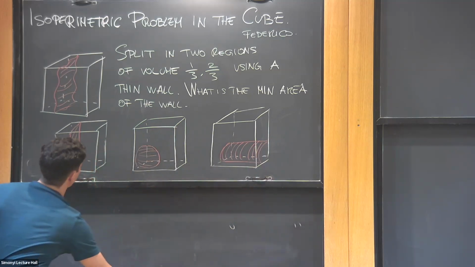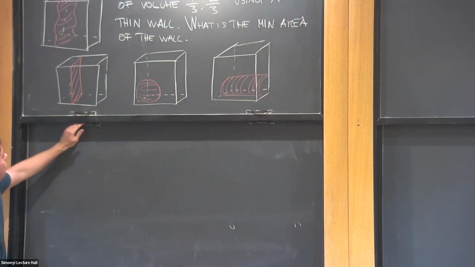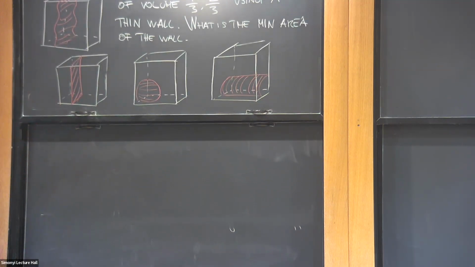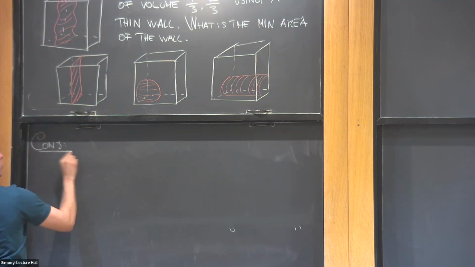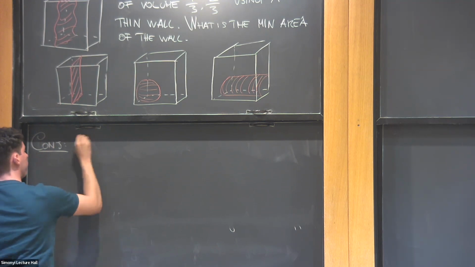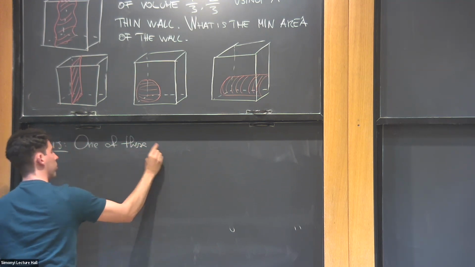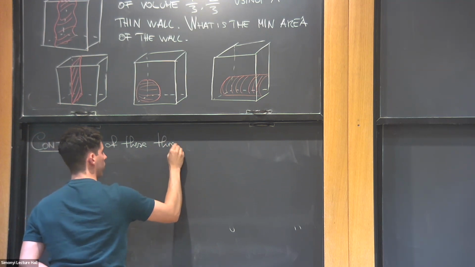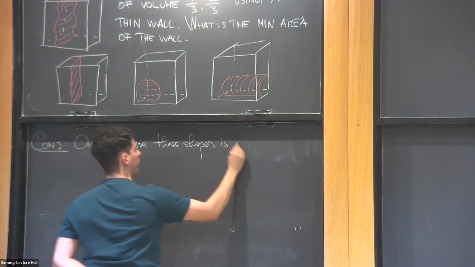Okay, today I would like to present this conjecture, which is known as the conjecture of the 3D cube, which is that one of these three shapes is optimal.